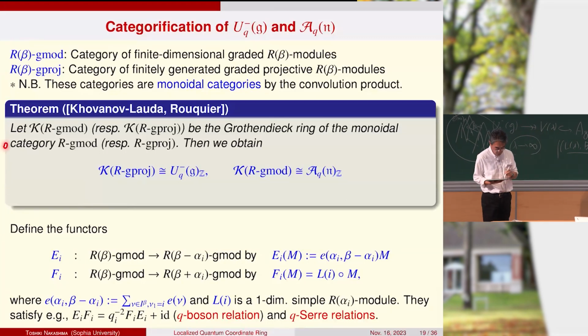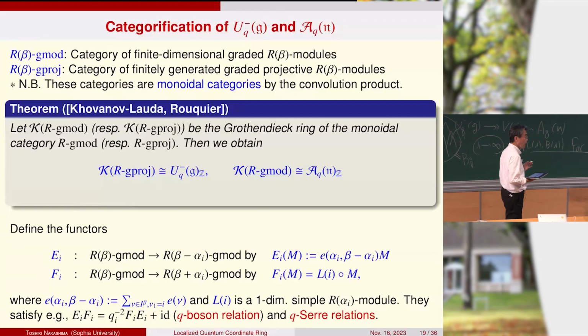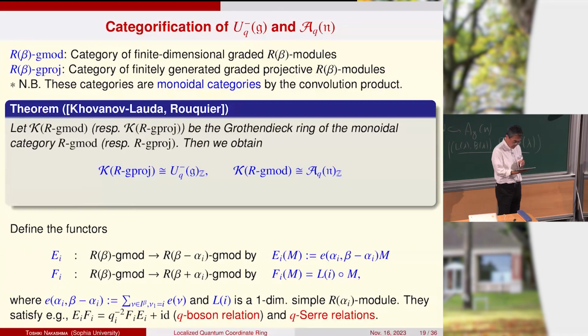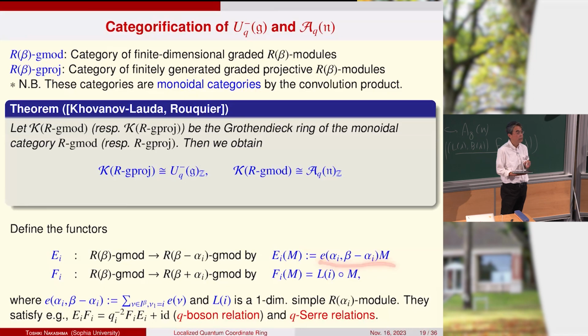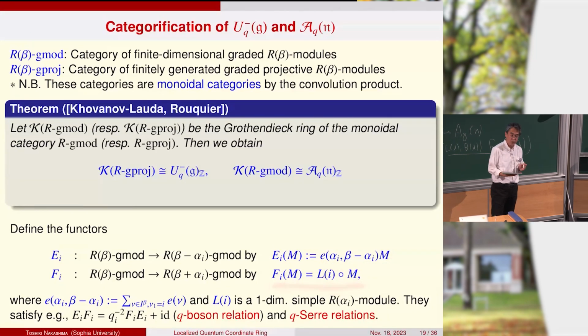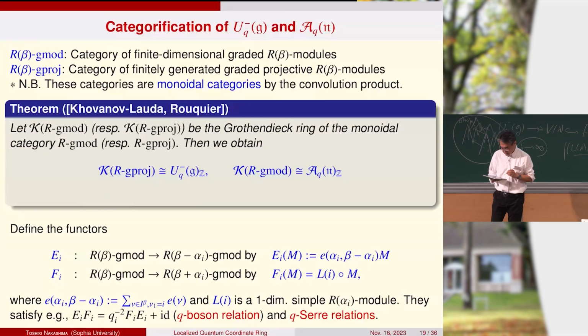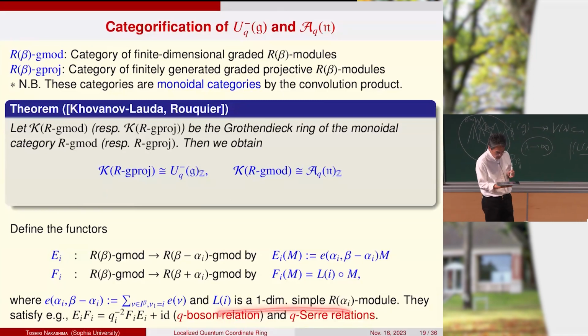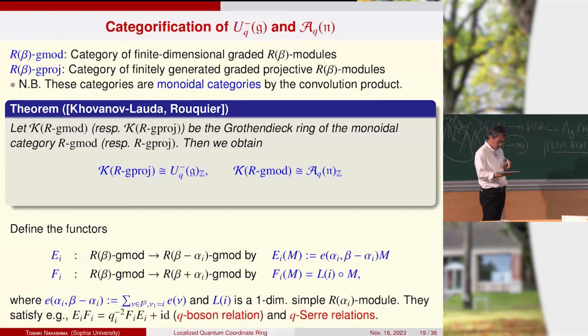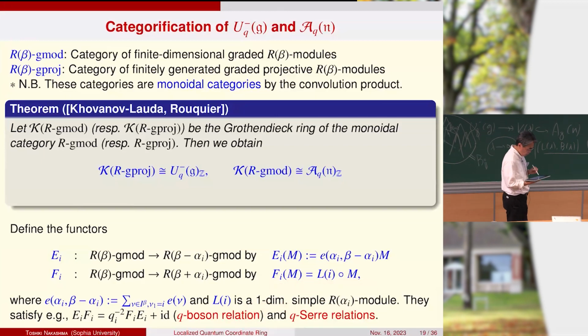To obtain this, we need functors E_i and F_i, capital E_i, capital F_i. Capital E_i is defined using a projector, and F_i is just using convolution with L_i and M. L_i is just the simple R(alpha_i) module, the one-dimensional module. So this action is rather simple, but it's important.